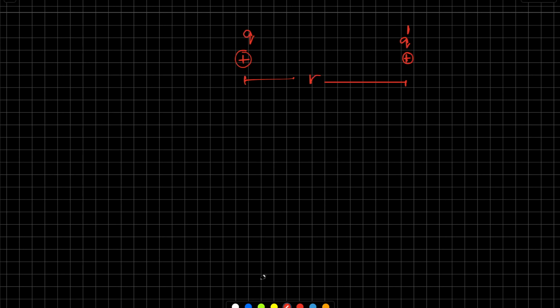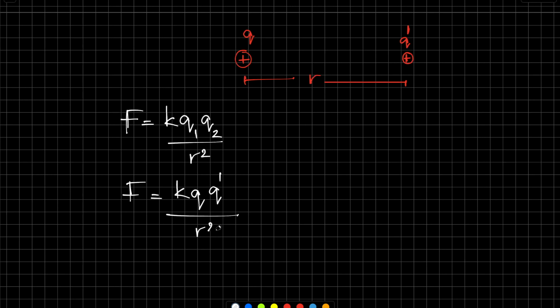I'm going to find the force of repulsion between them using Coulomb's law. F equals K Q1 Q2 over R square. So F equals K, Q1 is the main charge Q, Q2 is the test charge Q dash, divided by the distance between them squared.